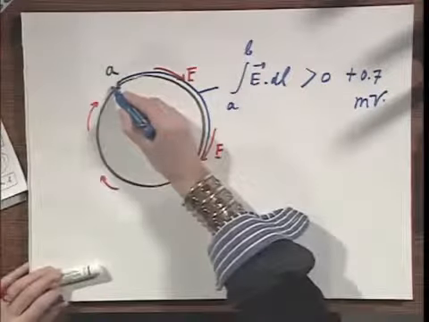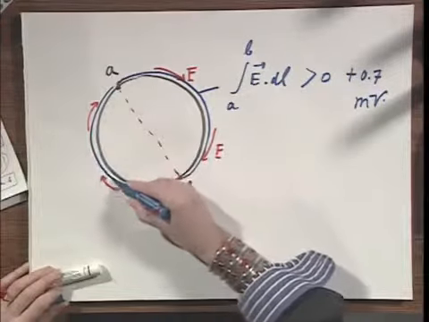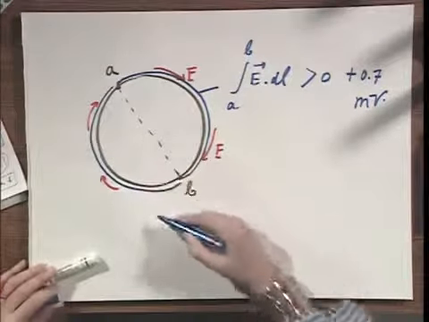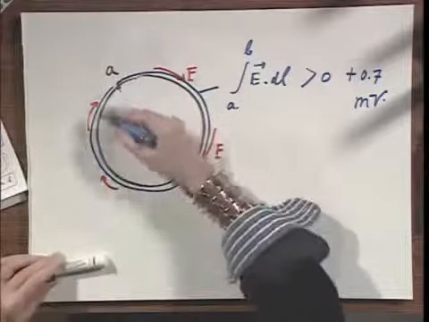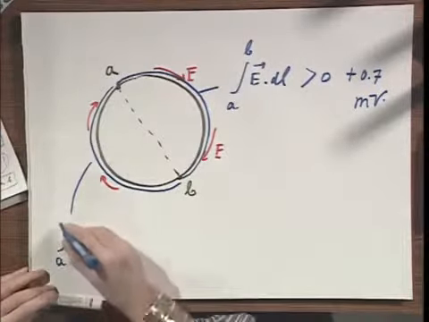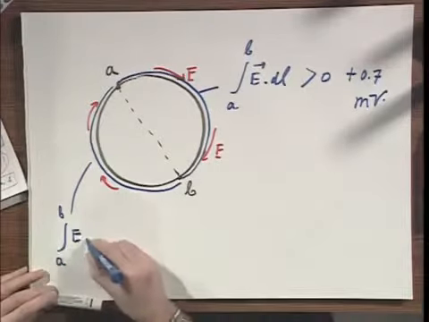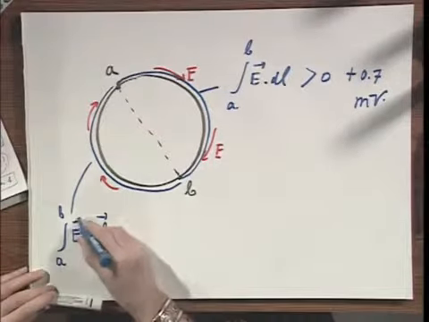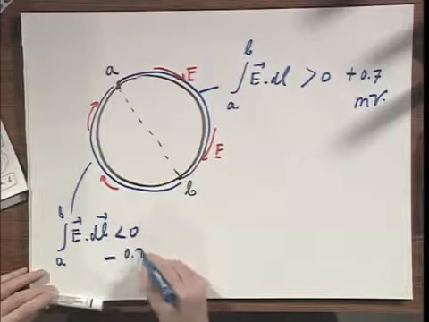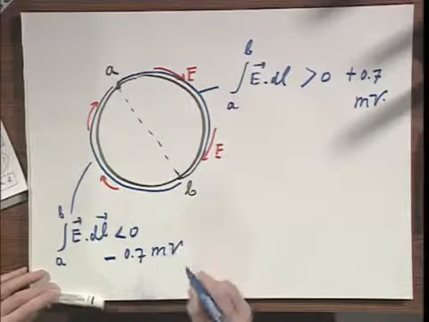If, however, I walk in this direction, notice that my E and my dl are in opposite directions. So the dot product will give me a minus sign. And so here the integral in going from A to B of E dot dl is negative. It happens to be minus 0.7 millivolts.